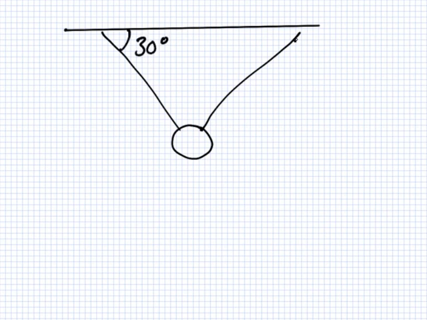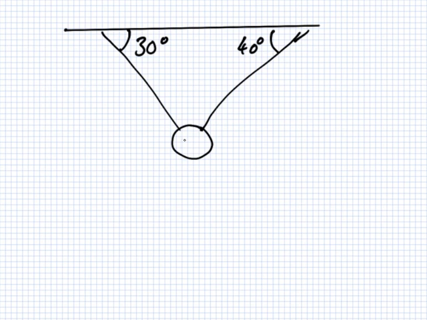So, for example, an exam question might be: you have something hanging from the ceiling. So you have a string here, a mass here, and typically in the exam they might give you these angles. So this could be 30 degrees. This one here could be 40 degrees, and you're given the mass here.